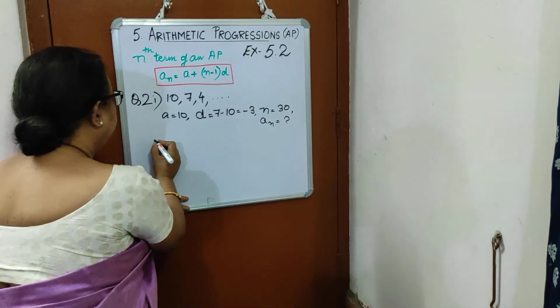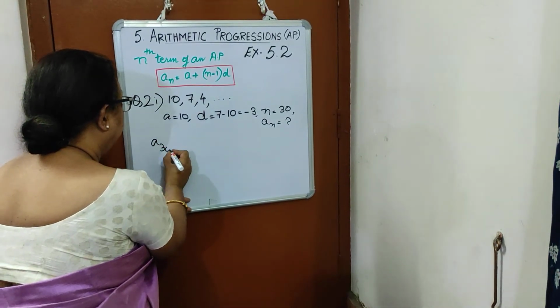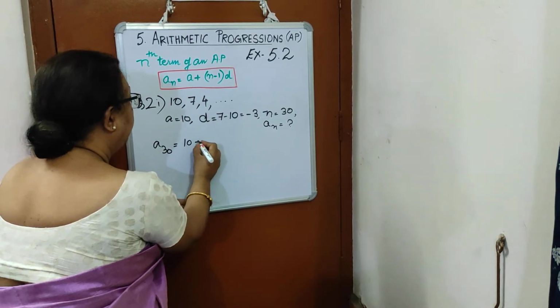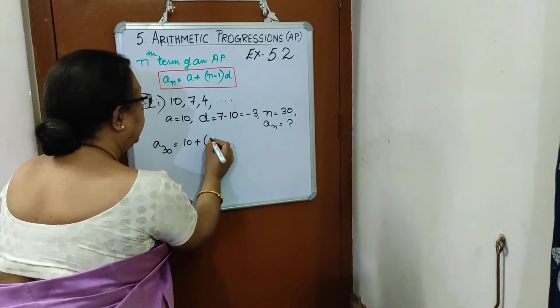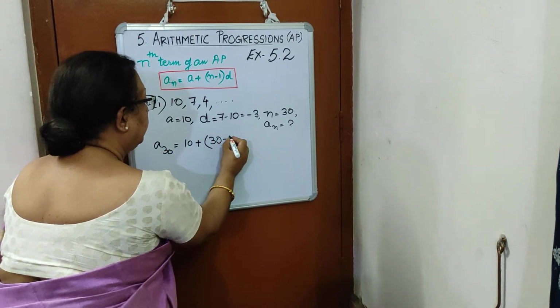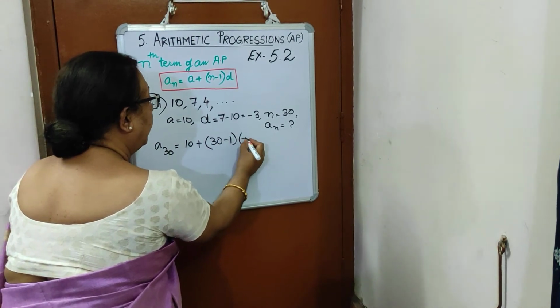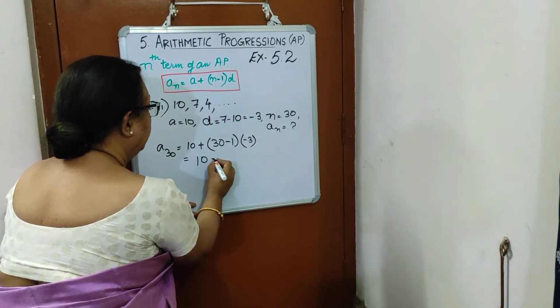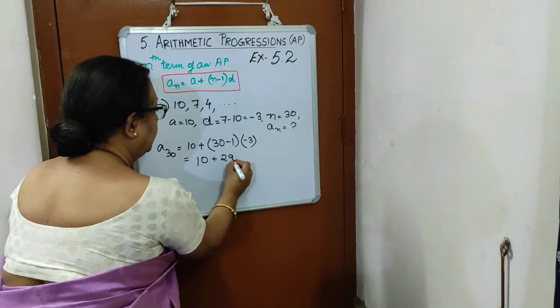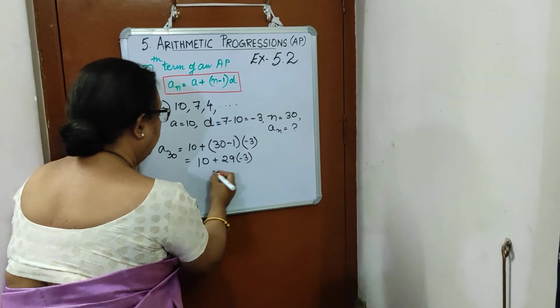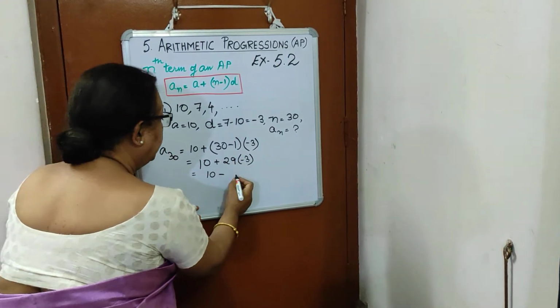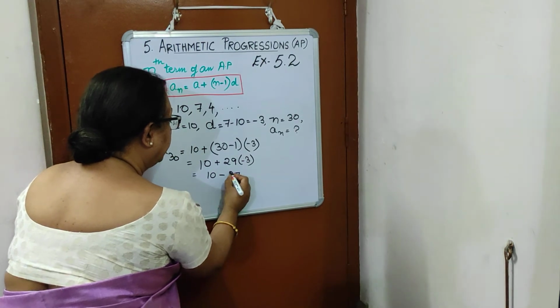So we find a30. A, what is A? Plus n, 30 minus 1, into minus 3. 10 plus 29 into minus 3. You have 10 minus 29 into 3, 87.